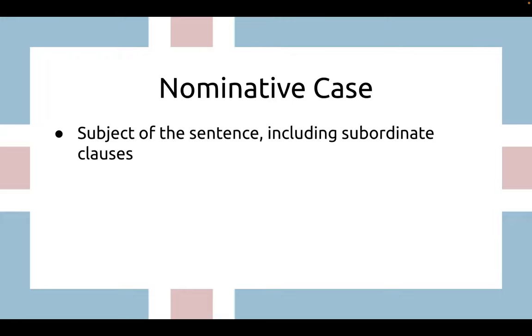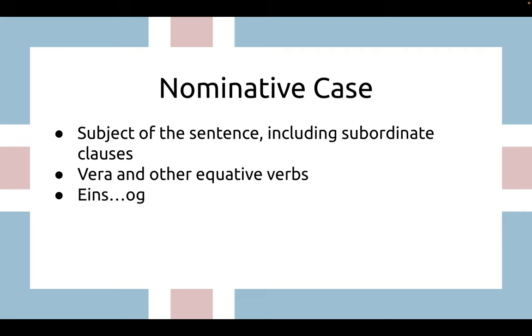So it's used, as I just mentioned, for the subject of the sentence, including subordinate clauses. It's used with equative verbs, and I'm going to talk about what that means. It's used for comparisons, for example, with the conjunction eins og, and with comparative adjectives and adverbs with the conjunction en.